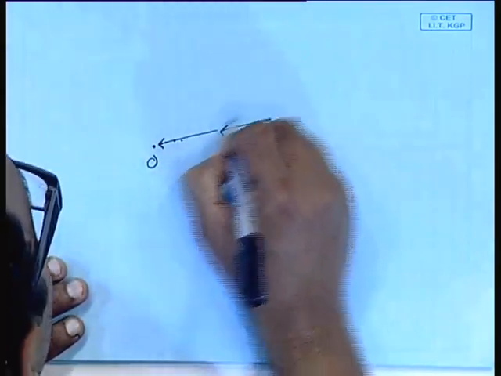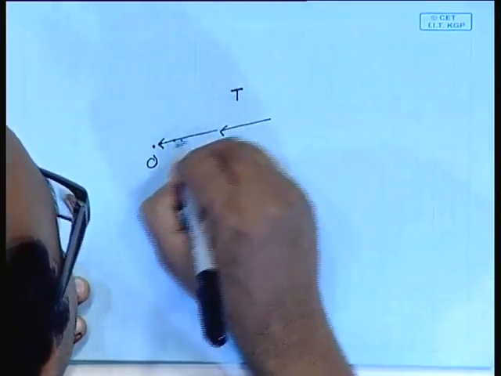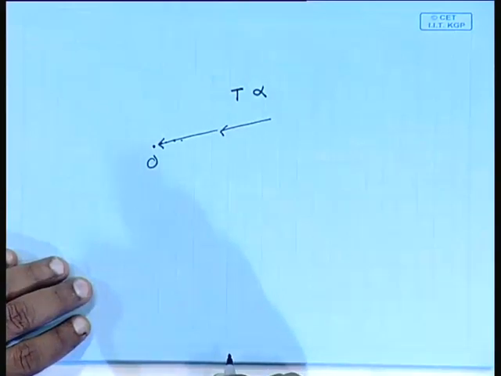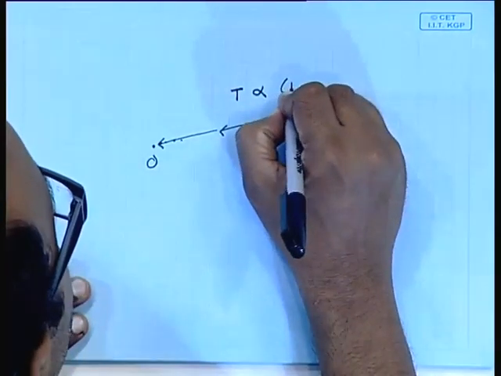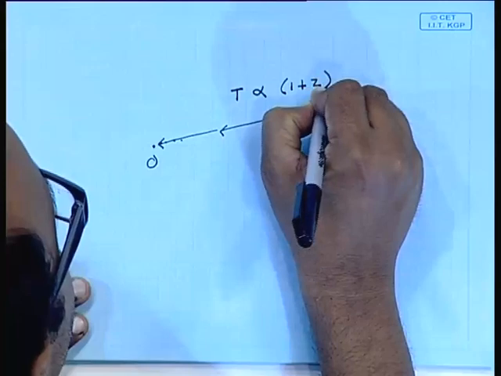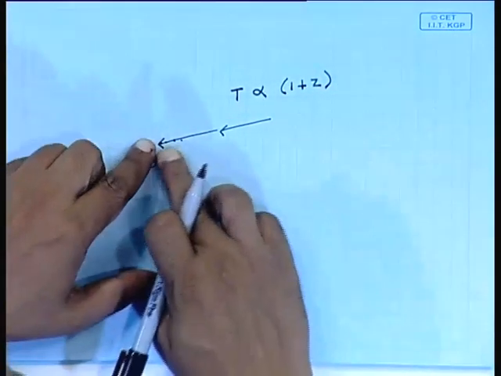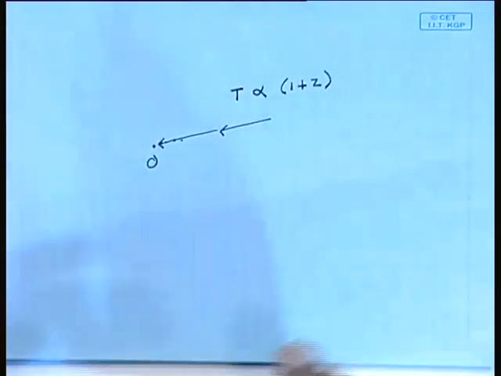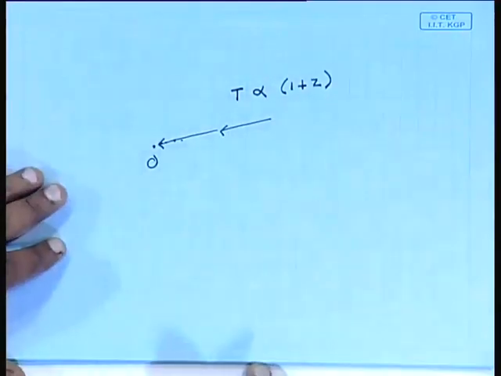As I go back into the past, the temperature increases inversely with the scale factor, or proportional to 1 plus the redshift. So, as I go to higher and higher redshifts, the form of the distribution remains the same, because it is moving freely, we have worked it out. The temperature just scales like this.